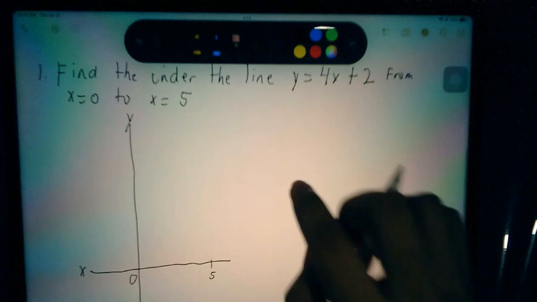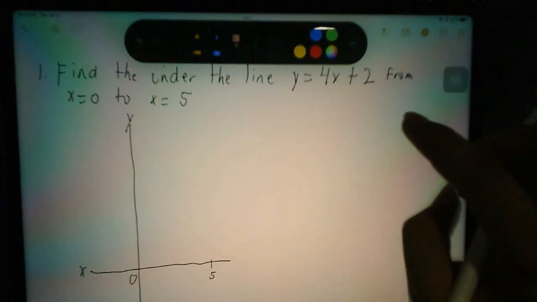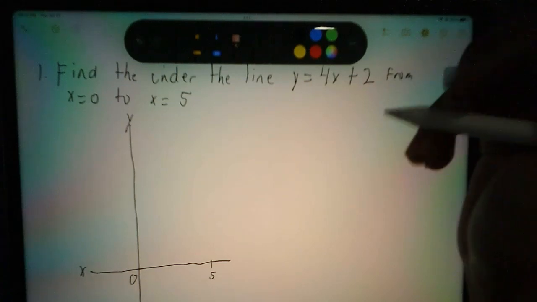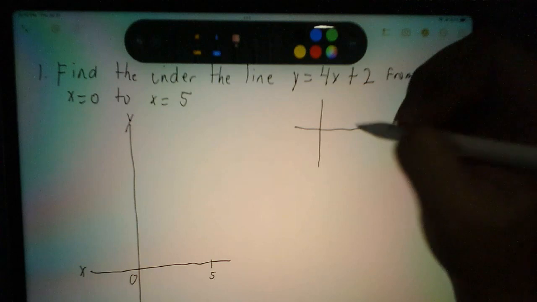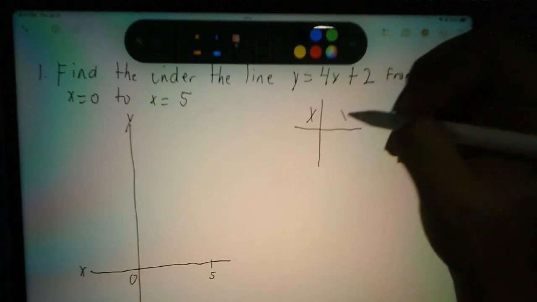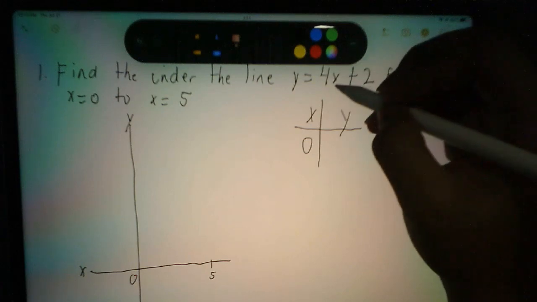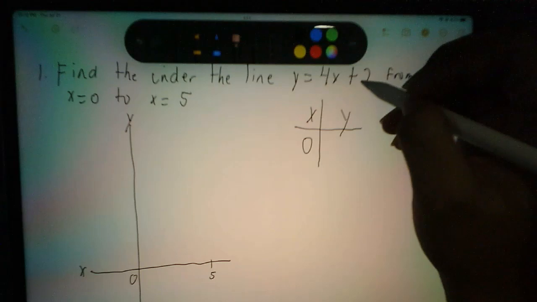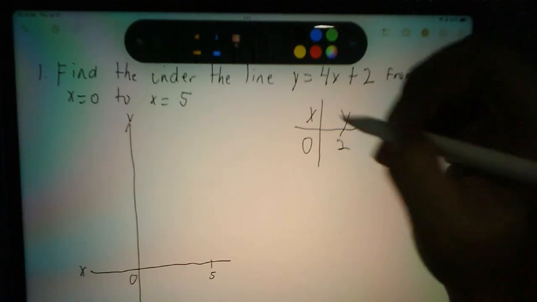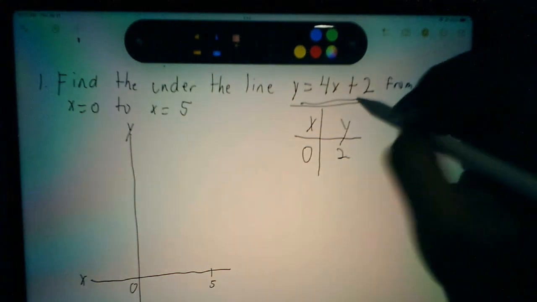Now how are we going to plot the line here? Let me teach you what I learned from my teacher. First we are going to make a tabular table. This is x and this is y. If x equals 0, our y is 4 times 0 plus 2, so y is equal to 2. By the way, I'm referring to this line here.